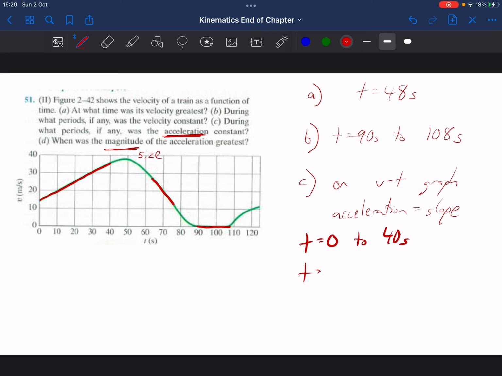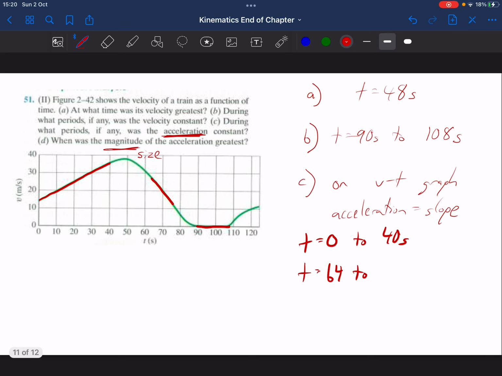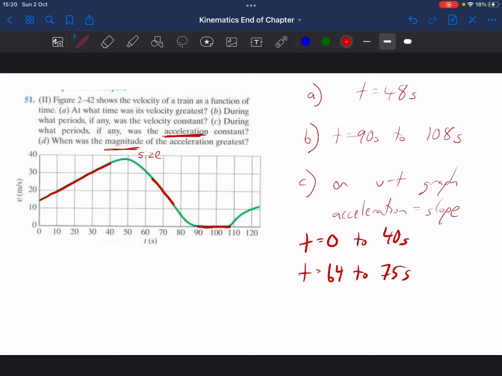We'll say t equals, I'll call this 64. Again, I would be really forgiving on these times. And the last one is when it is stopped, we'll call that 108 again. So again, if you're close to these, then nice job.